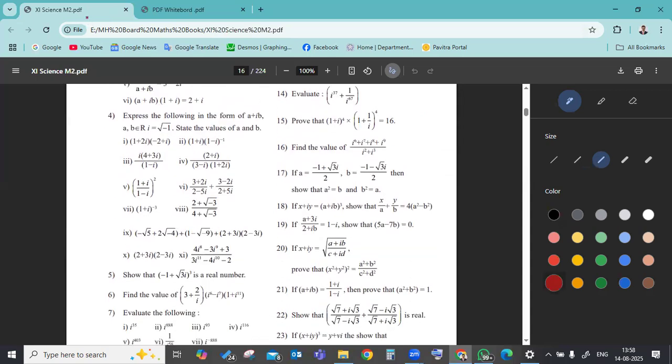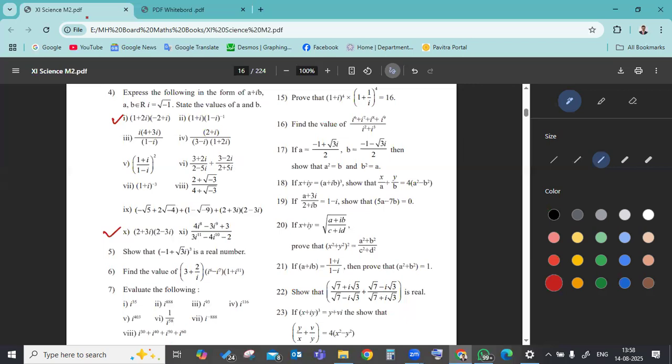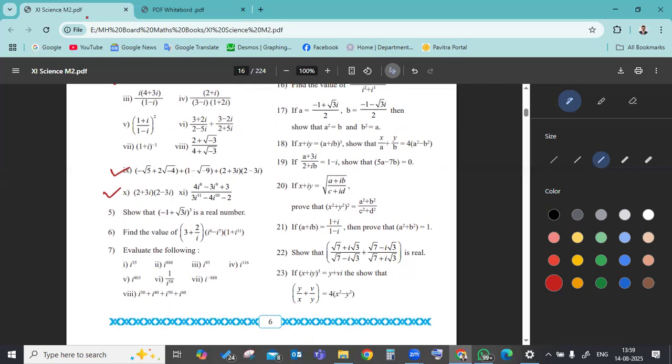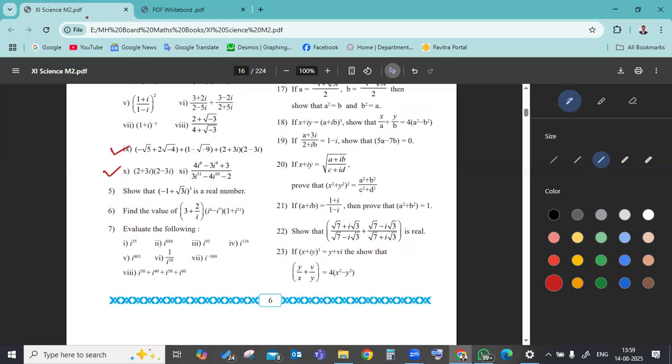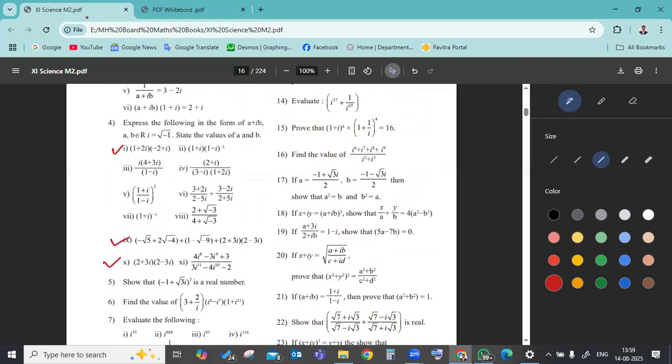See, you can now solve this example. You can now solve this. This example you can solve. This you can simplify and solve. Right? Try to solve these examples. These three examples: 1, 2, and 3.